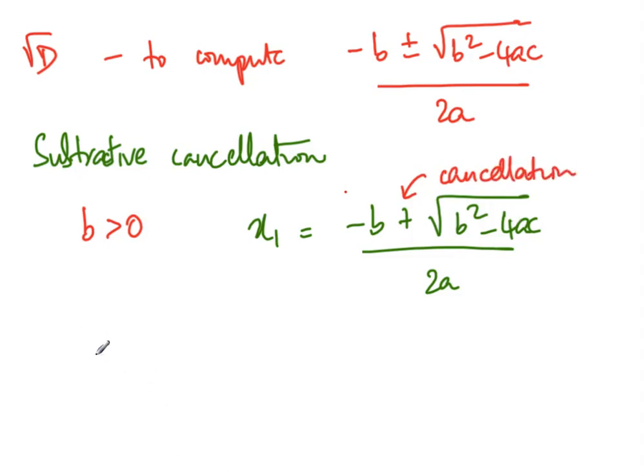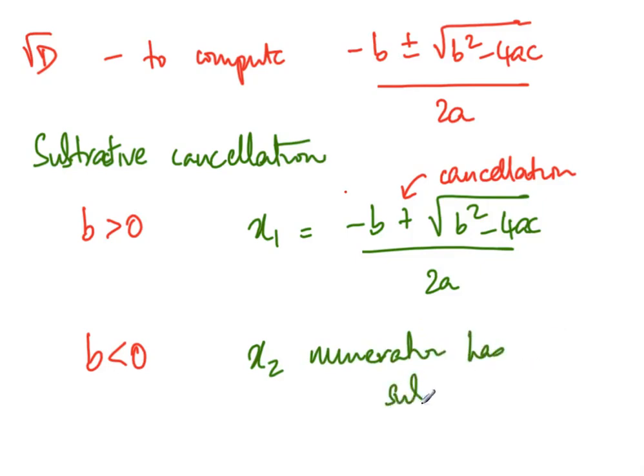And likewise, if b happens to be less than 0, the x2 numerator has subtractive cancellation. Because now minus b becomes a positive number, and then we are going to subtract this discriminant. And so we are going to get, again, some subtractive cancellation.